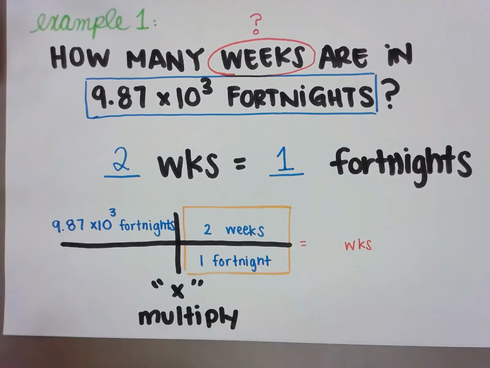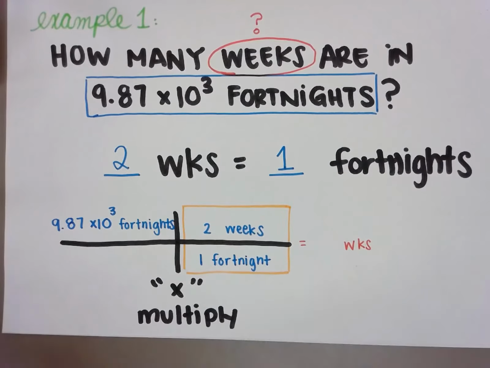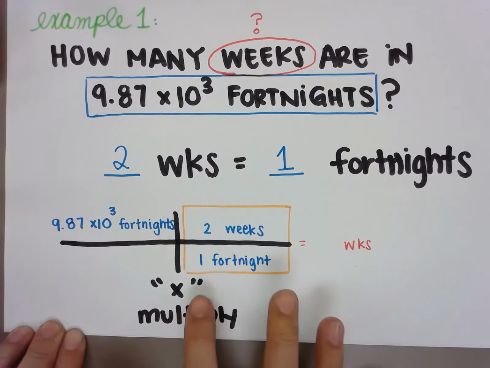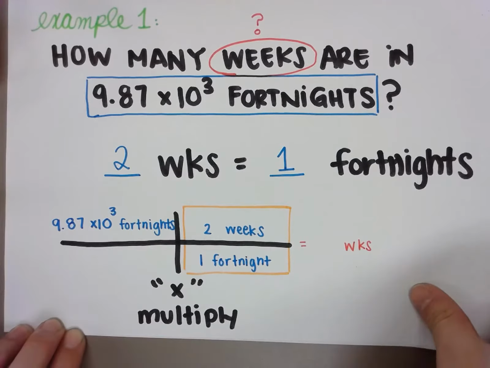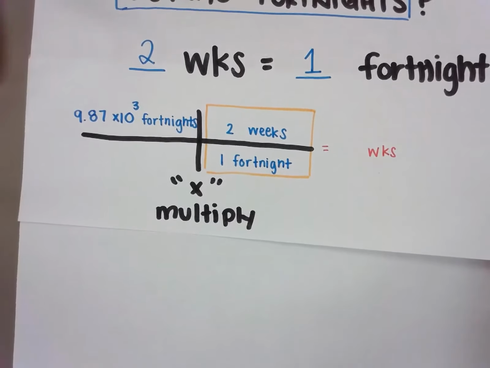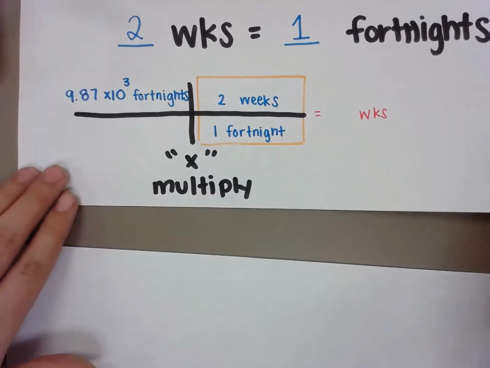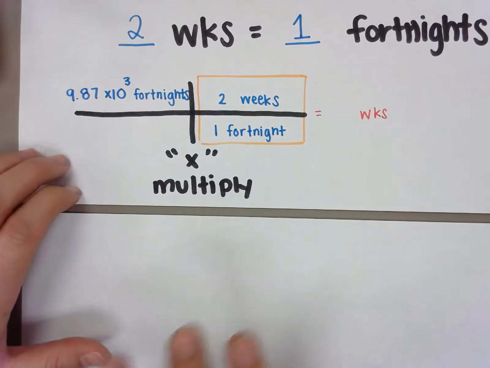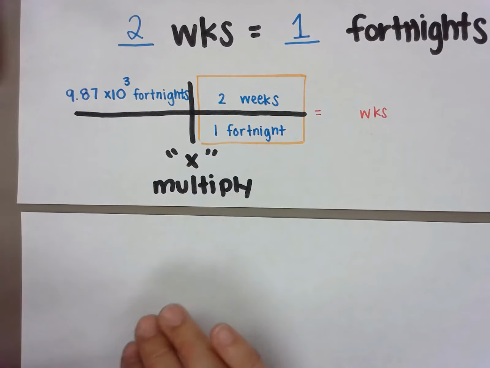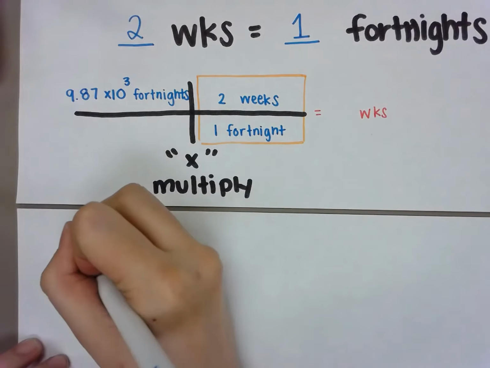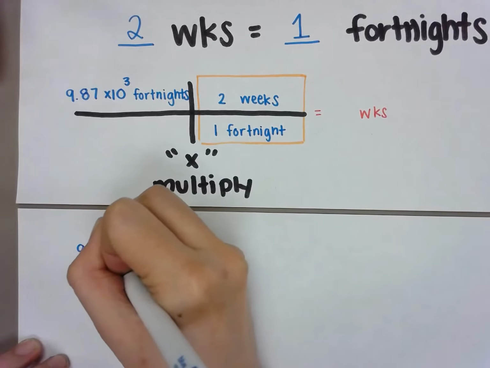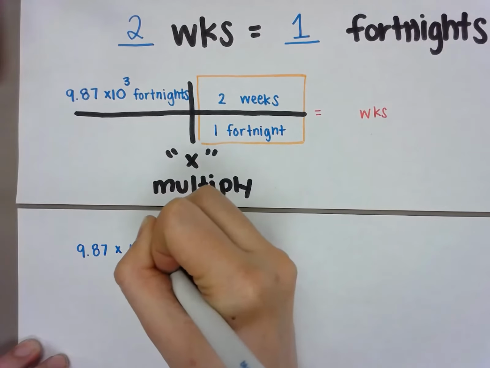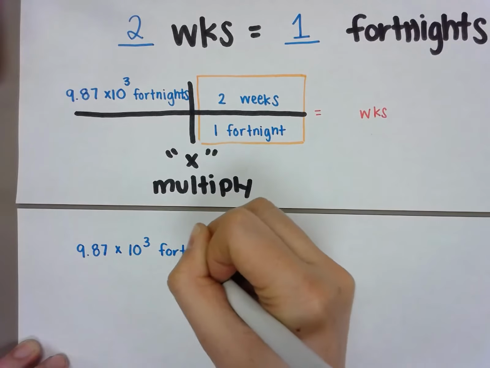Before we even solve this problem, I just want to rewrite what this actually means. I'm going to move it up a little bit so you guys can still see that this right here is just the chemistry way of organizing your math and showing your work. What you are actually writing out is this. You know that you're given 9.87 times 10 to the third fortnights.